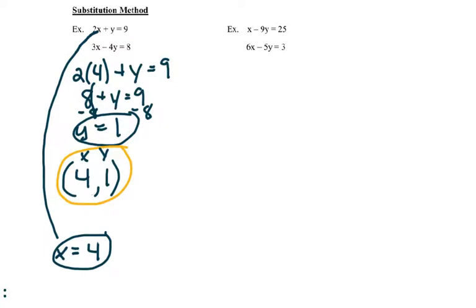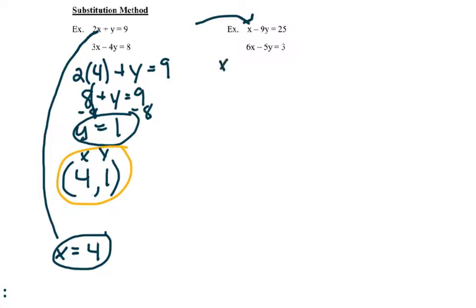Now we're going to use the same method for example number 2 over here. Example 2, as I look at it, again, the first thing I want to look for is, is there an x or y by itself? In this case, I notice that there's an x right here by itself. Therefore, I'm going to take that top equation and simply solve it for x. This is an easy step.